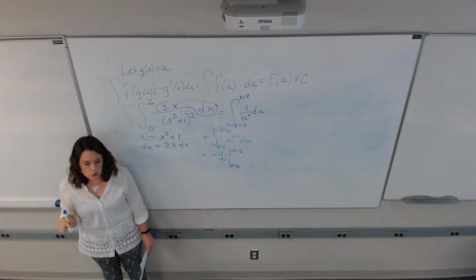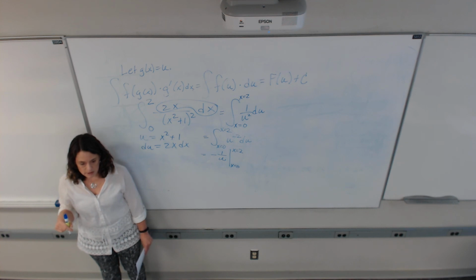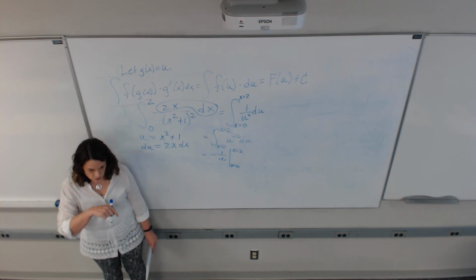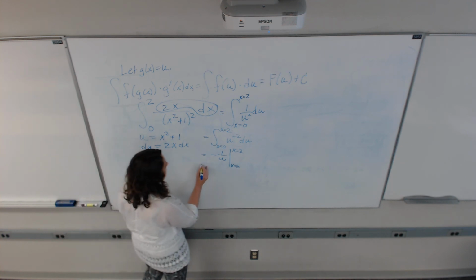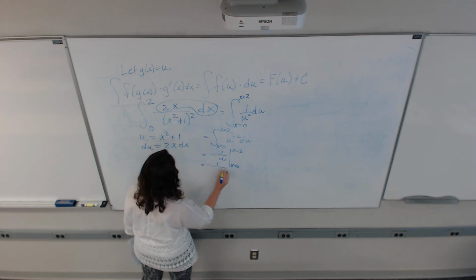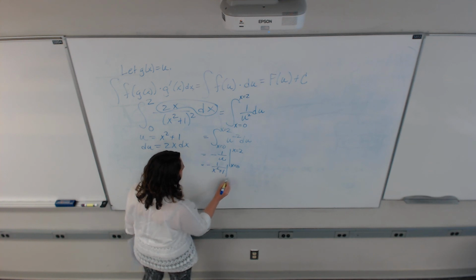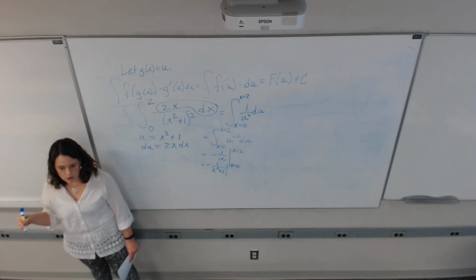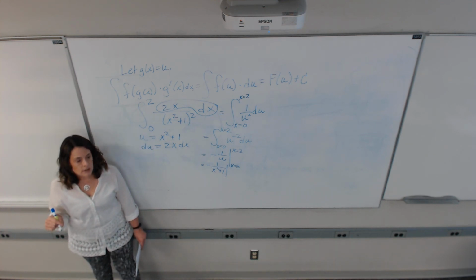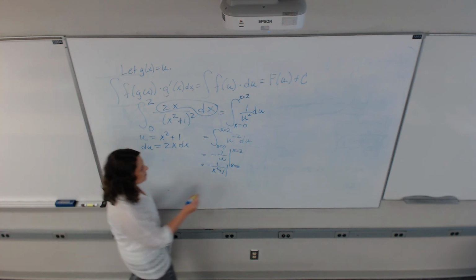What are you going to do before you can plug in? Substitute back to the x version. So get out of u, get back to x. So I have negative 1 over x squared plus 1 between. Can I drop the x equal on the limits of integration now? Now I can drop them because it's back to being an x thing.